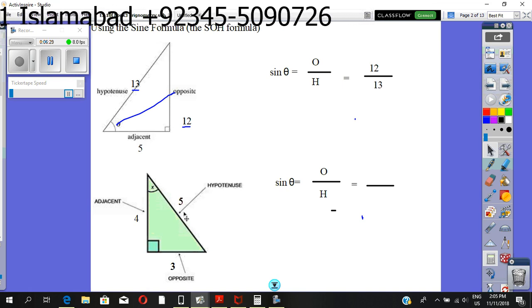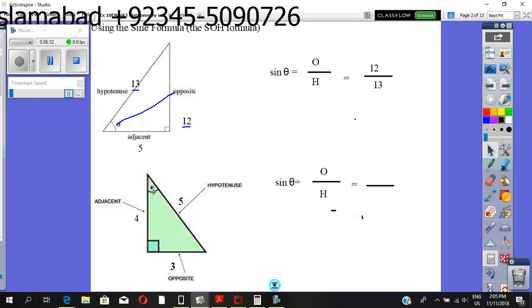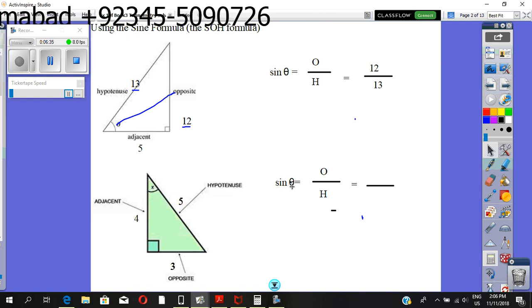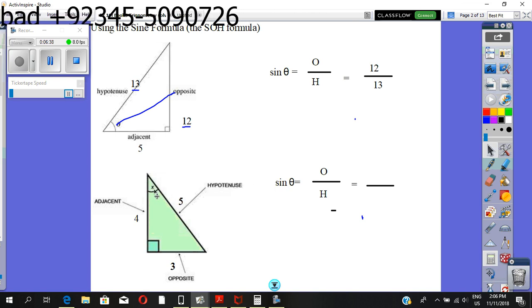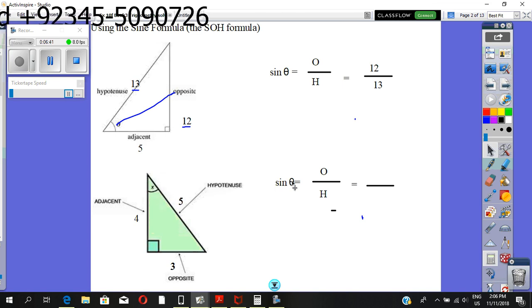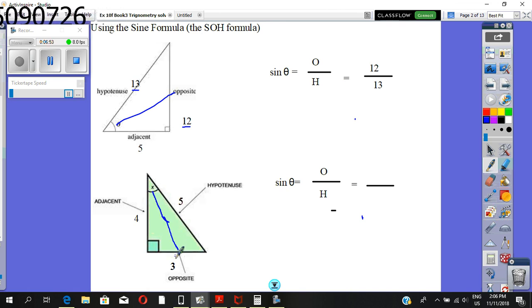Let's see another example. Here we have now the angle x, or theta. We use here the given angle x, any unknown angle. But here we are supposed to identify the opposite, the side opposite the given angle, which is 3. The hypotenuse, opposite of the right angle, the longest side, is 5. And then the adjacent, the side having two angles, 90 degrees and the given angle.